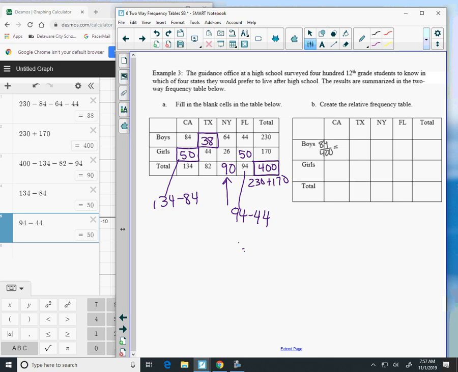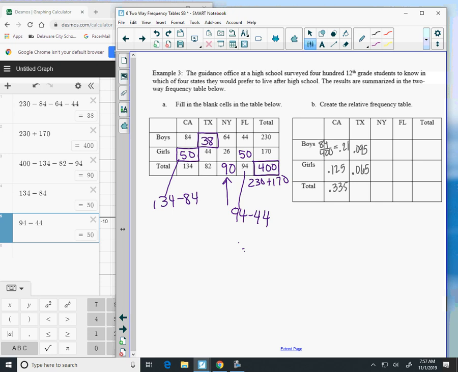All right, I'm really hoping at this point you're checking your work. You should have done 0.21 for Boys California, 0.125 for Girls California, and 0.335 for the total there. If you're rounding to 2 digits, that's fine as well. I'm filling in the rest for you so you can check your work.